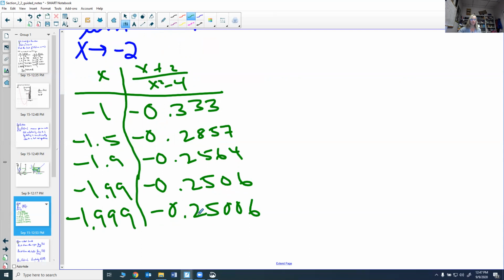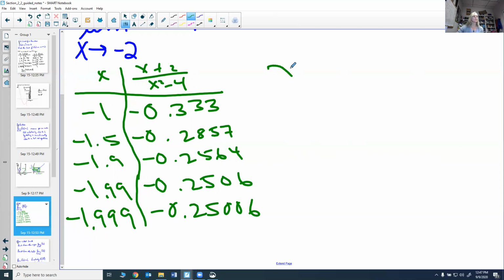So that's looking pretty promising, like we are actually trending towards a certain value. And this is the idea of limits, is you're letting x get closer and closer and closer to a value. So you're letting it get as arbitrarily close as you can, or sufficiently close, I should say. And you're noticing this is going towards some number.